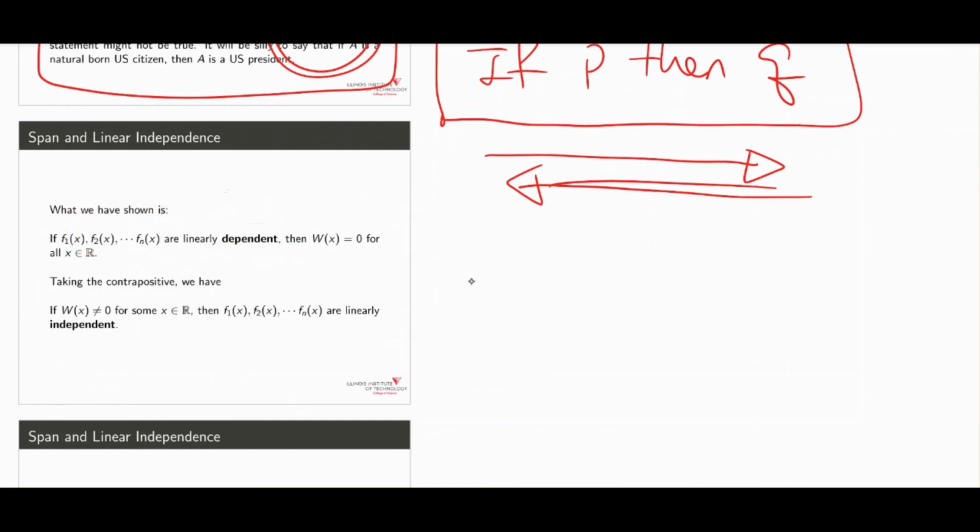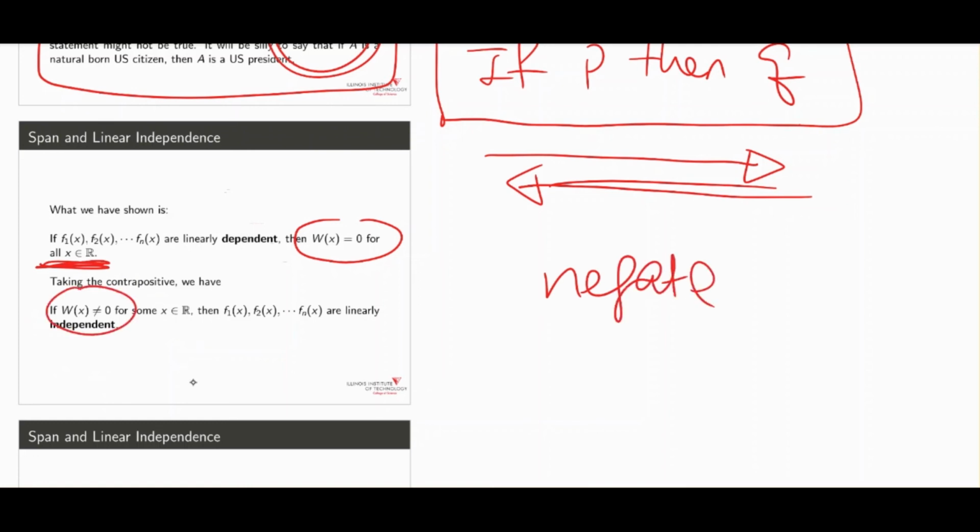So let's take a look. You negate this. Here the Wronskian is equal to 0 for all x, so if you negate that, it means the Wronskian is not equal to 0 for some x. Then you negate the other part: these functions are not dependent. Not dependent means they are independent.